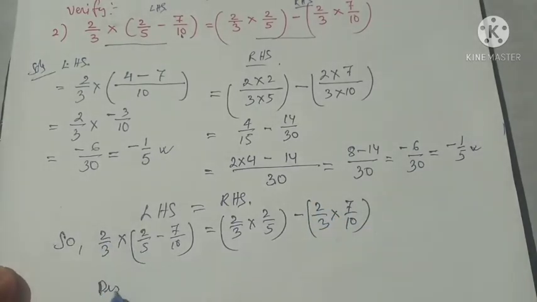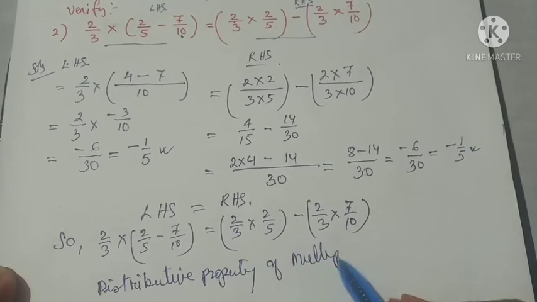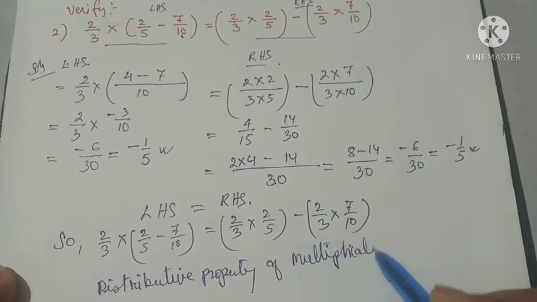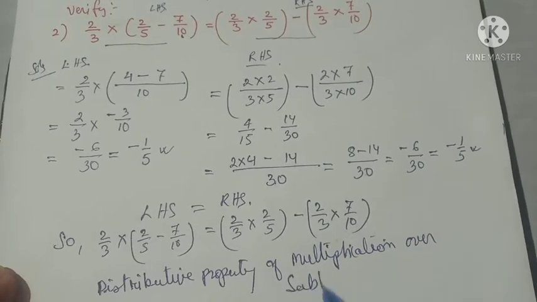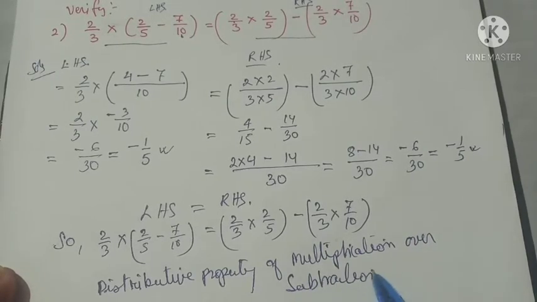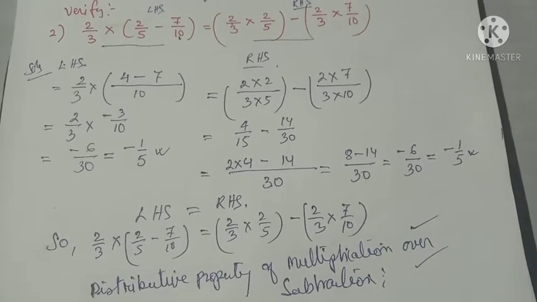So the distributive property of multiplication over subtraction is another property. We can prove it. This one is in the form of P by Q.